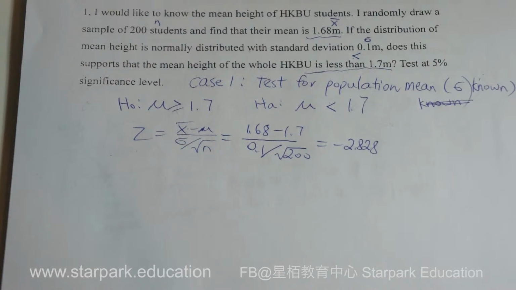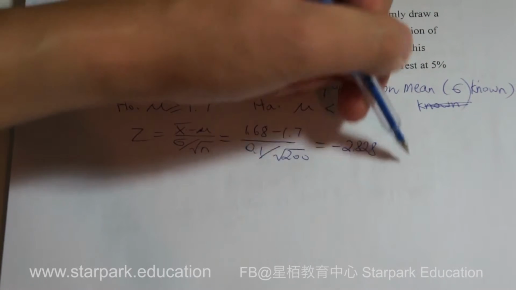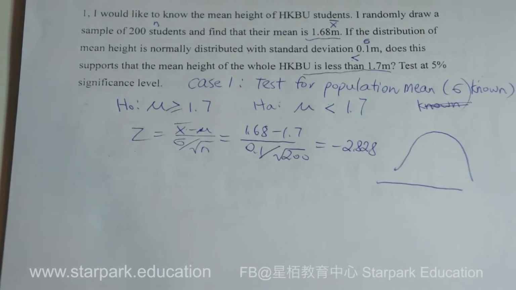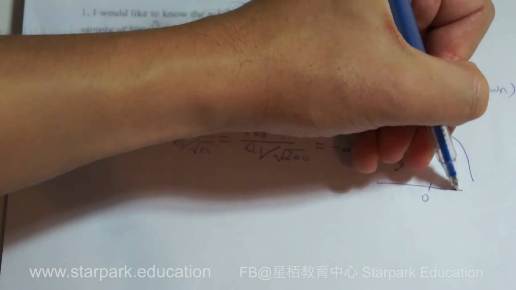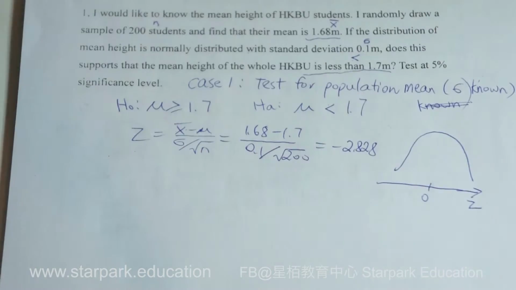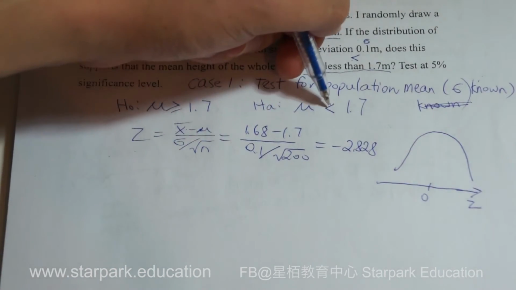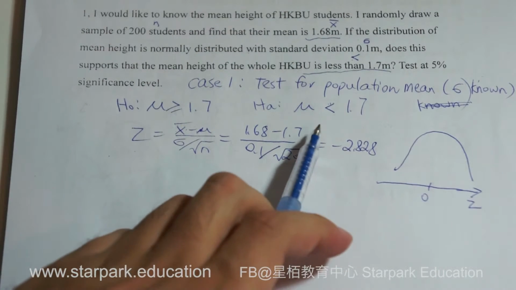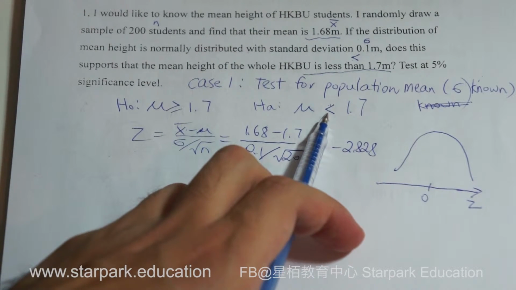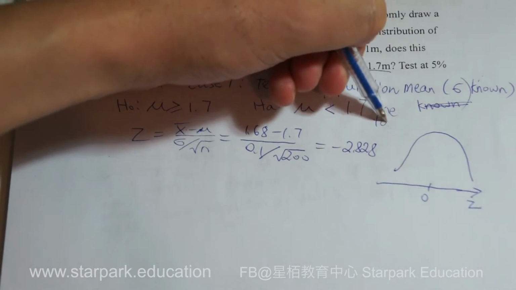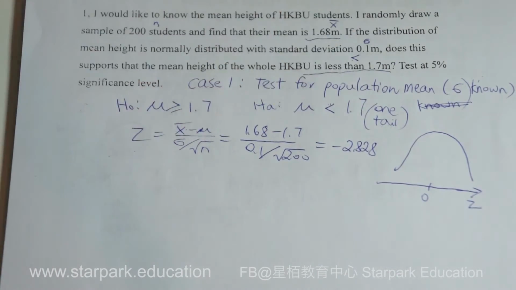In the next part we are going to find the critical value again. Okay, so let me draw a graph here. So this is a Z graph. The next step is to look at the alternative hypothesis. The smaller than sign means a one tail test.